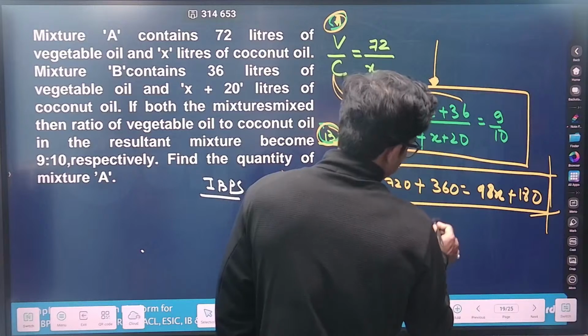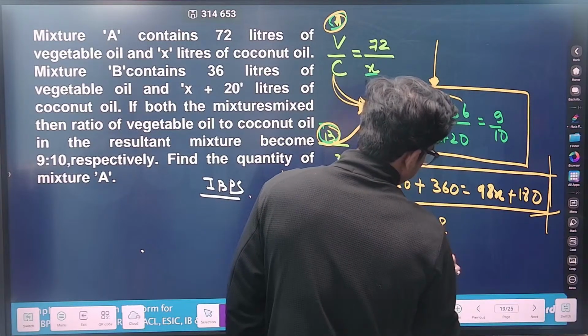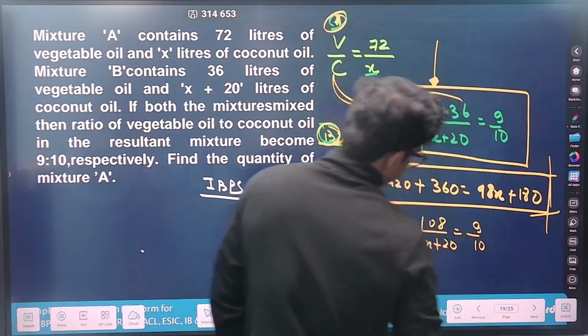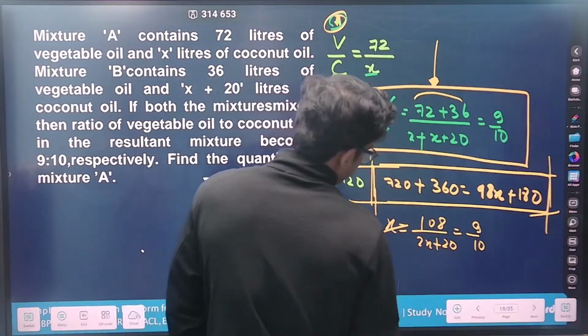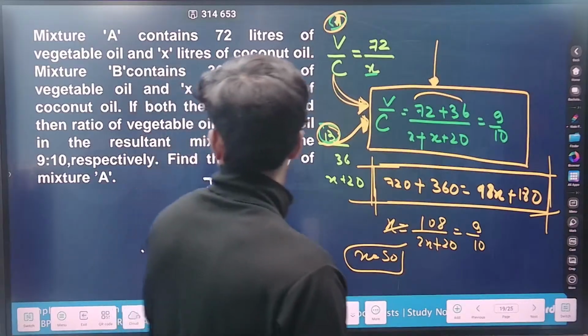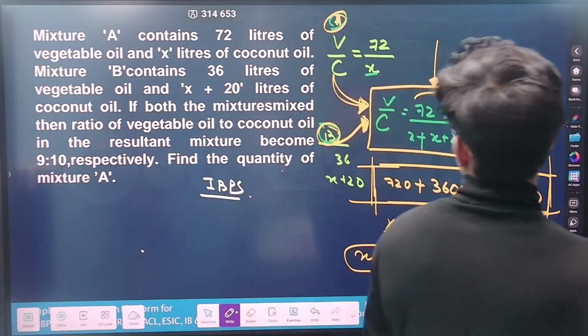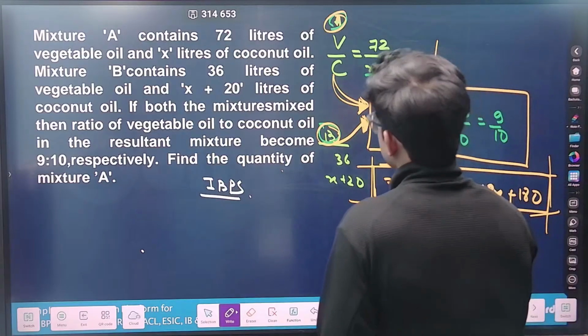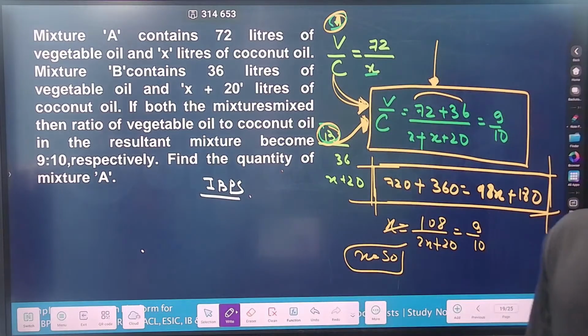Should be 108 divided by 2x plus 20 is equal to 9/10. The value of x, I would say, would be 50. This is your answer.